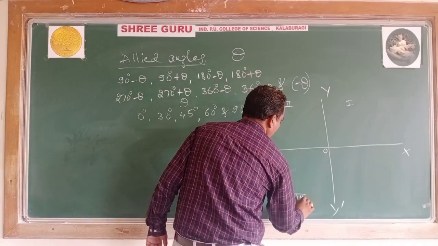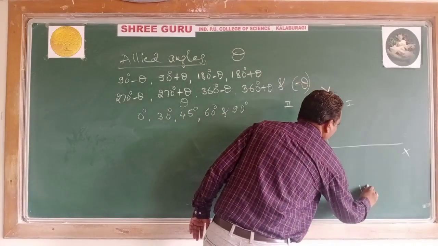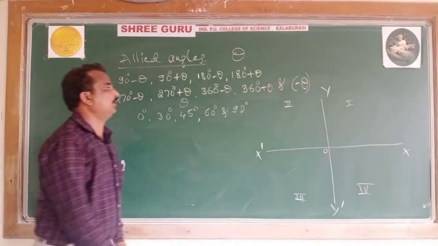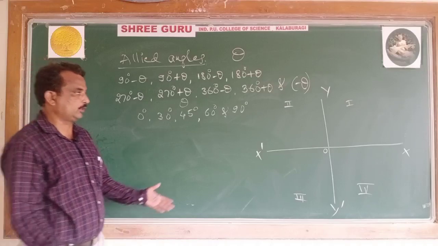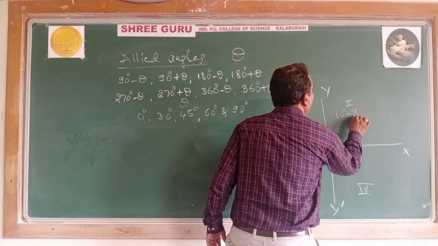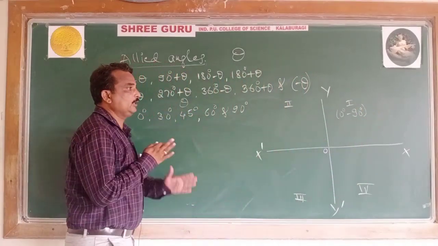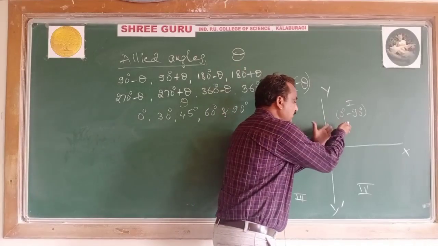Each part is known as a quadrant: first, second, third and fourth quadrant. In the first quadrant, all angles lie between 0 degree and 90 degree.